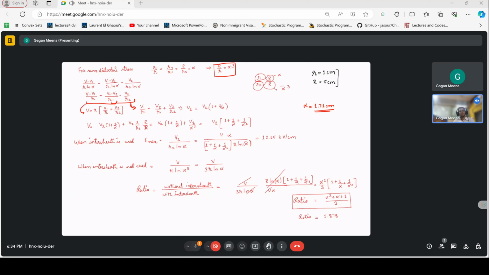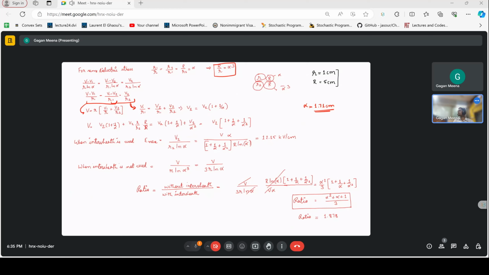Similarly, we write V also in terms of V2. V is V1 plus (R by R2) into V2, and V1 is V2 into (1 plus 1 by alpha).